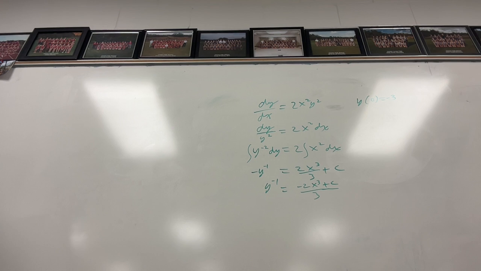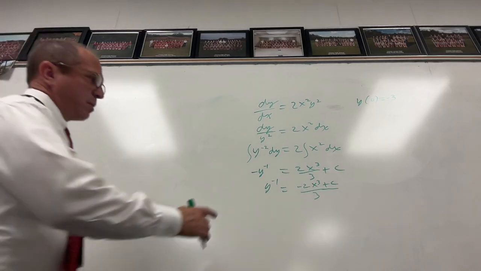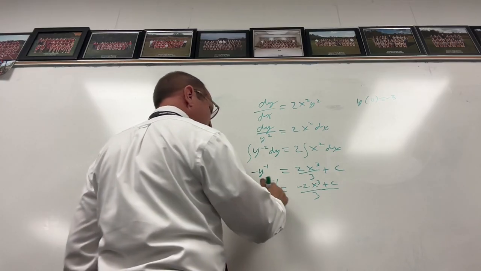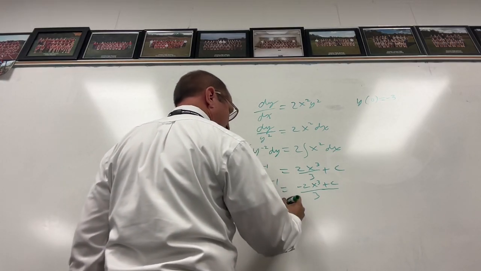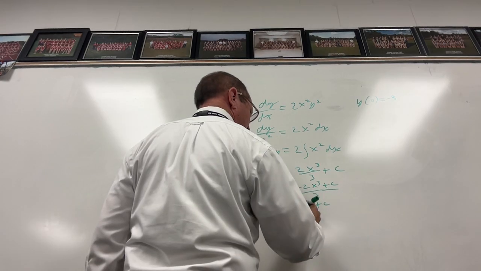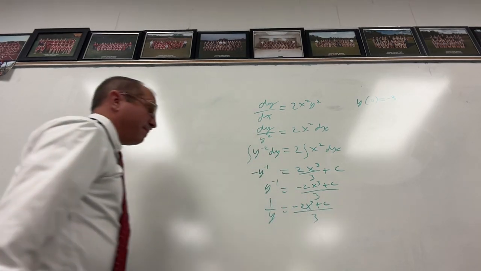So can you just do that again? Say that again. Can you just swap the numerator and denominator next to get rid of the negative exponent here? Yeah, so that's what's going to happen here. We get 1 over y is equal to negative 2x cubed plus c over 3.